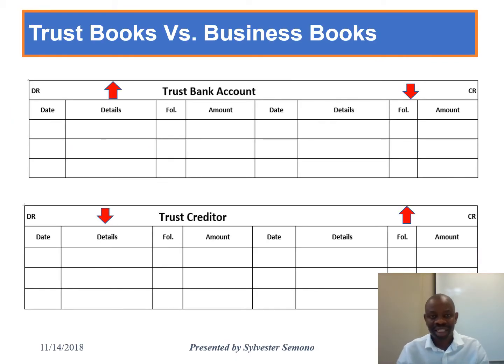Now, let me just first focus on the trust bank account and the trust creditor. Remember, as an attorney, you are running a business to your clients. Sometimes clients pay you money in advance.